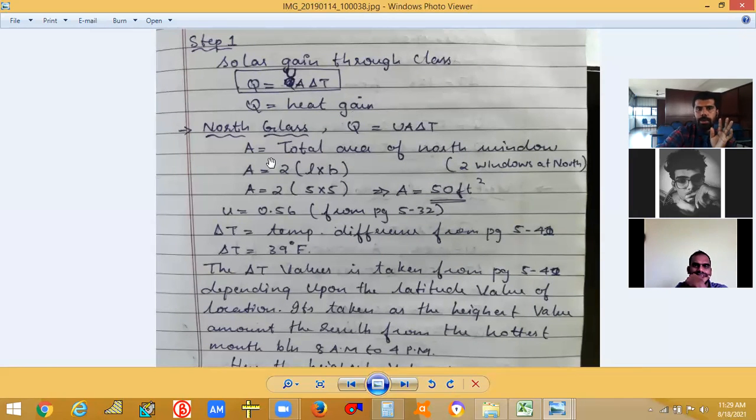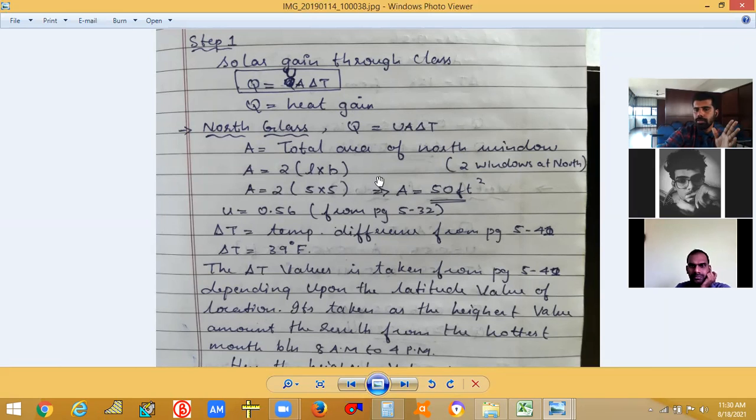So A means total area of the north window, because we are dealing with solar gain through glass, so we are finding it separately. So what is the area of the window?